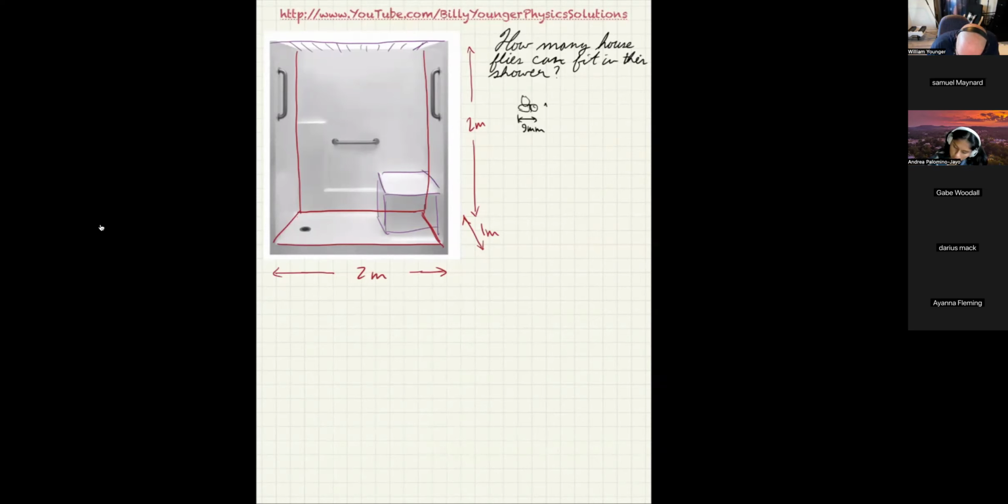I would say this dimension, height wise, is probably 3 millimeters. And the width of the fruit fly, ignoring the wings, just assuming the wings are attached to its body or thoracic cavity, is also about 3 millimeters.